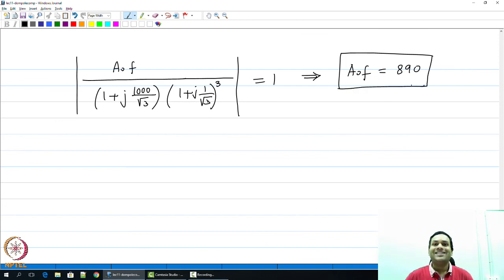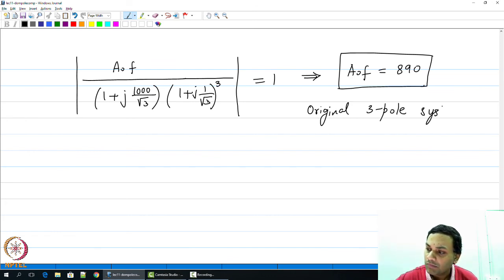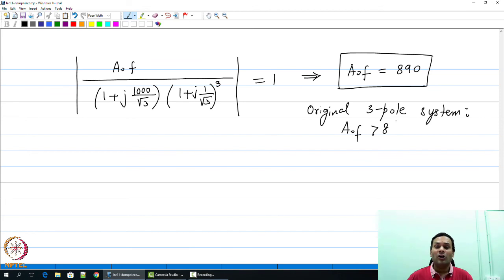And now you can see the power of this dominant pole compensation. If you had taken your original 3-pole system, the upper limit of A0F barely gave you 2 complex conjugate poles on the y-axis.